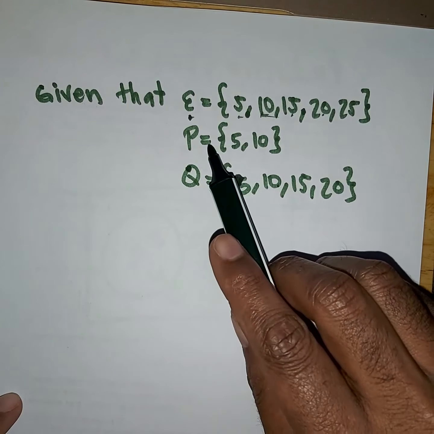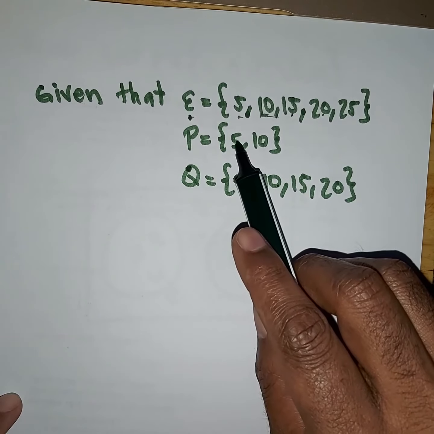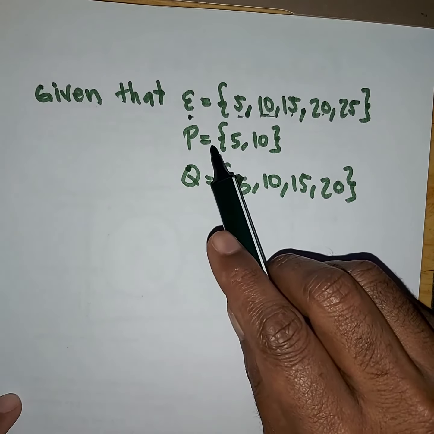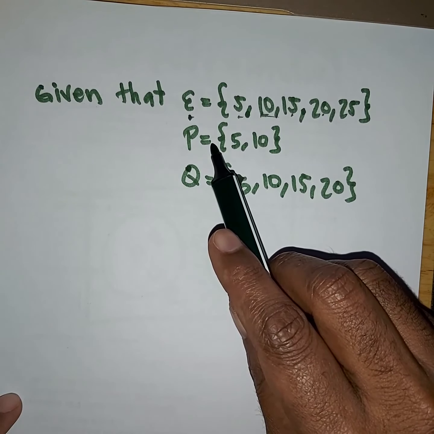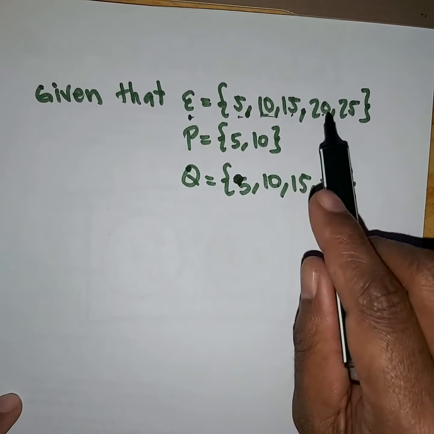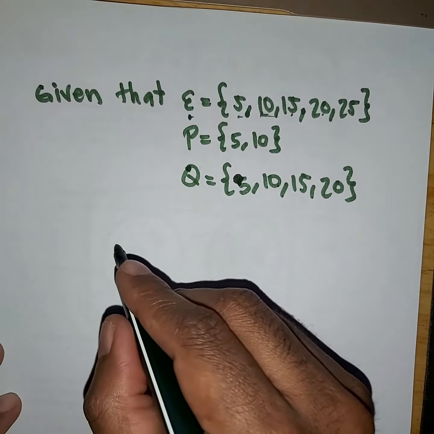Look at the two sets. Set P has all elements found inside set Q. So set P is a proper subset of set Q. Now represent using a Venn diagram.